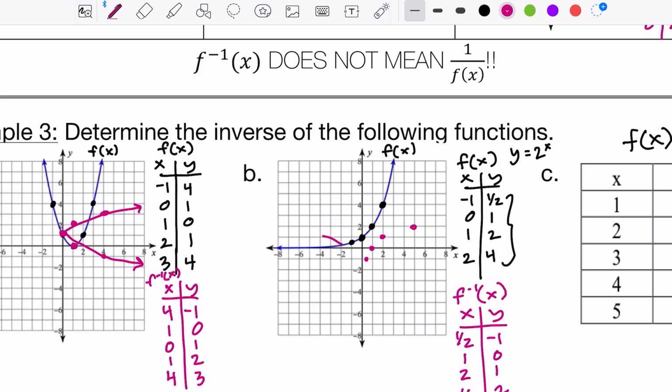And you'll notice that this side of the graph is coasting along the x-axis. So if this is an inverse, it should coast along the y-axis because we switch x and y, okay? Also, you should notice that this is in the shape of a logarithm, the pink graph, because exponentials and logarithms are reverses, aka inverses of each other.